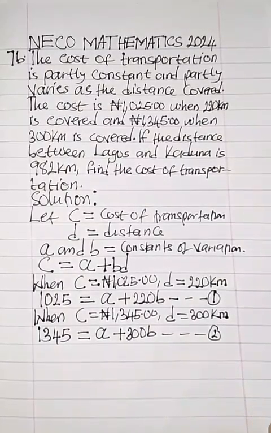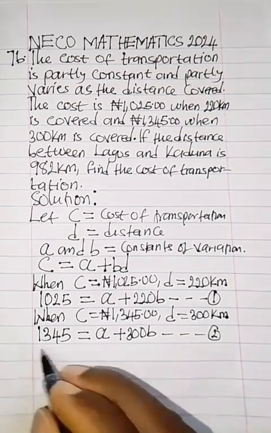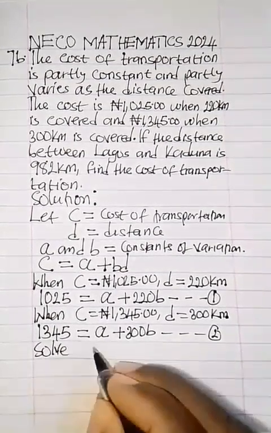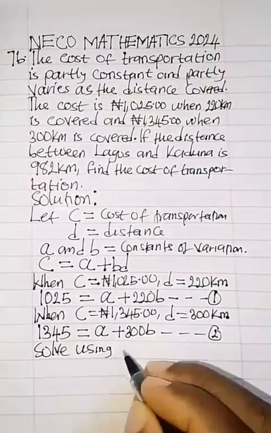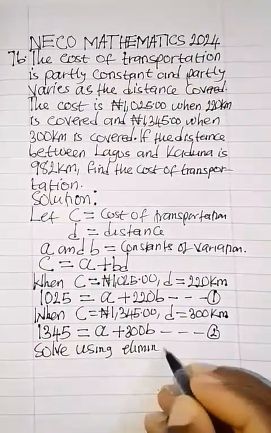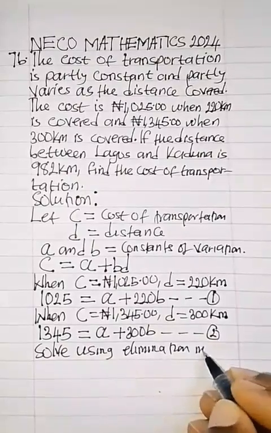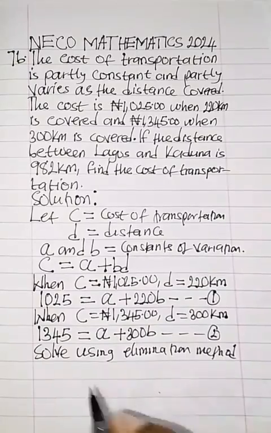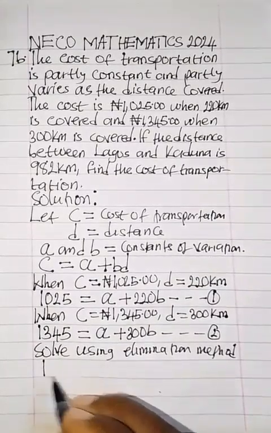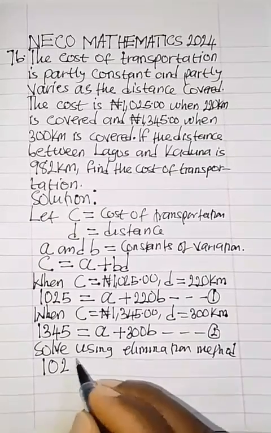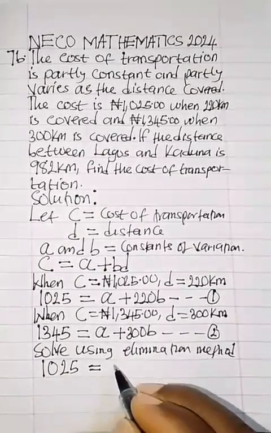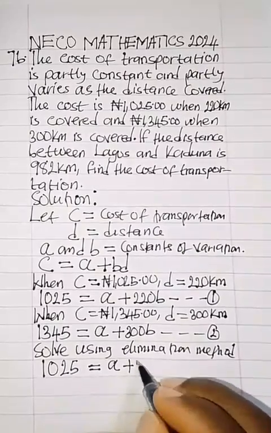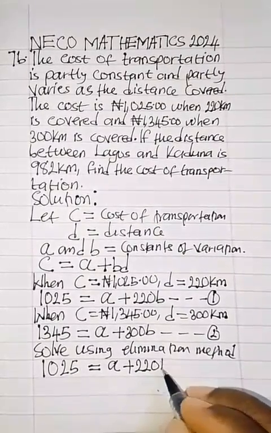Next, you solve the two equations simultaneously. I'm going to use the elimination method. So, solve using the elimination method. The first equation is 1025 equals A plus 220B.